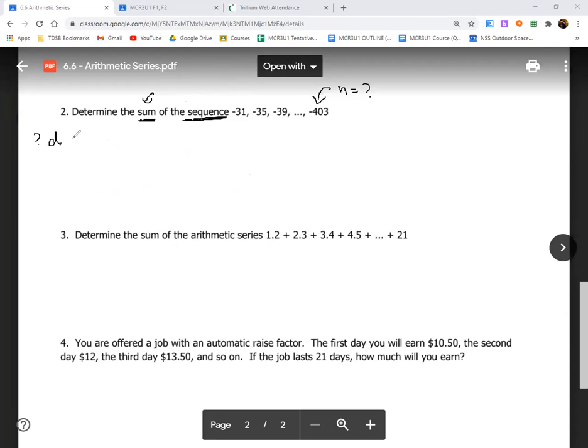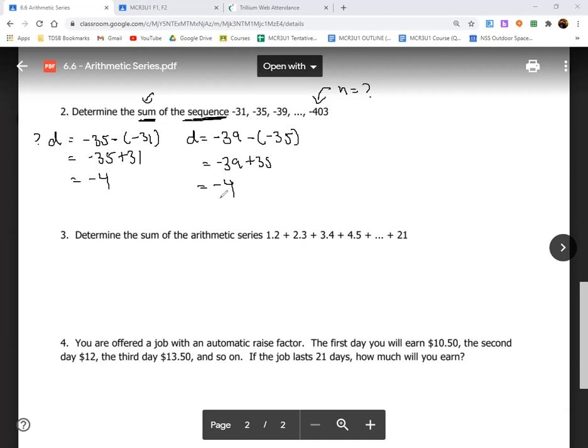Is it a difference? Well, negative 35 minus a negative 31, negative 35 plus 31, the difference is negative 4. Is it consistent? Difference, if I choose negative 39, I would subtract it with a negative 35, which gives me negative 39 plus 35.